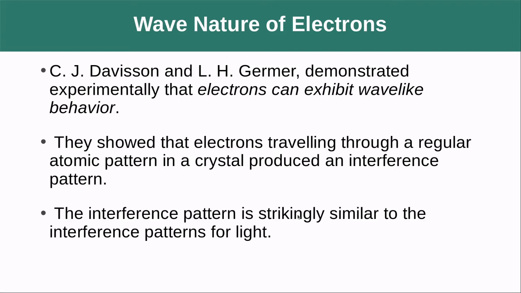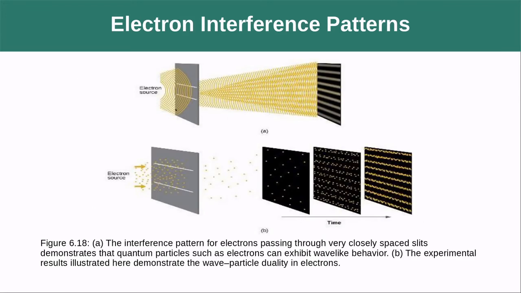The interference pattern was very similar to those that we saw at the beginning of this talk for light. So if we picture what they were doing, they're shooting electrons at this slit. It moves out and propagates as a wave, causing constructive and destructive interference, and then forms these regular patterns on a screen where they could view where the electrons had hit.